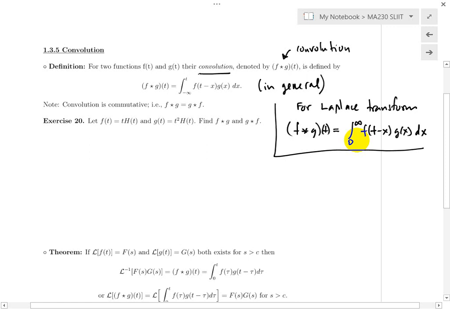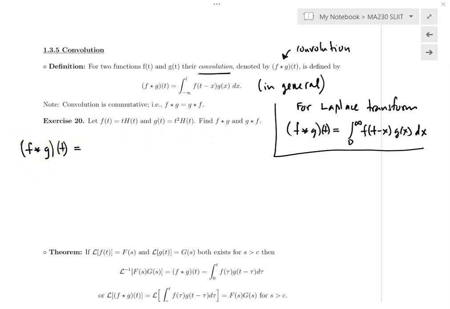Convolution f. So what is, let's say, f convolution g? If you want, we can write this as a function of t or not. It's anyway going to be a function of t. So let me just write it. So how do we solve this? Integrate from 0 to infinity.